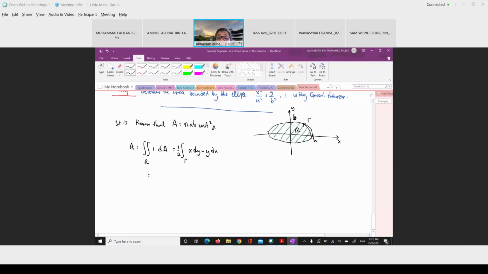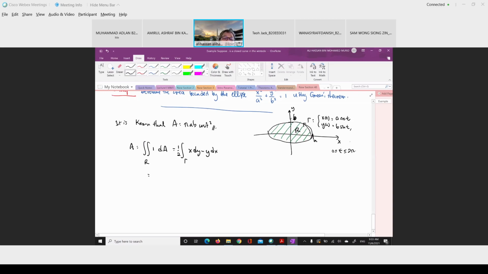So this curve gamma has the parametrization x(t) equal to a cosine t, and y(t) is equal to b sine t, where t is from 0 up to 2 pi.